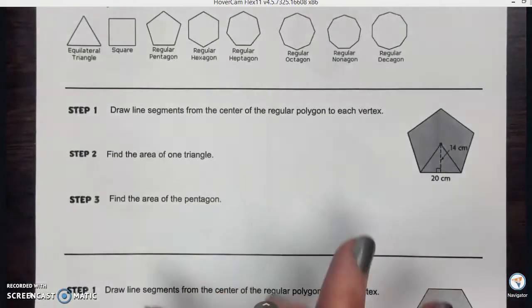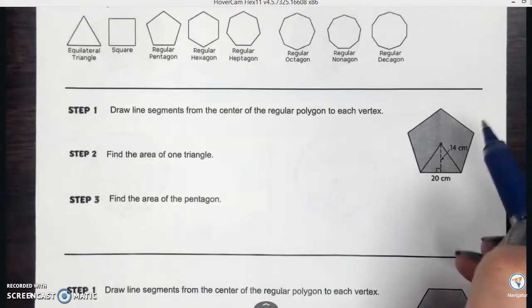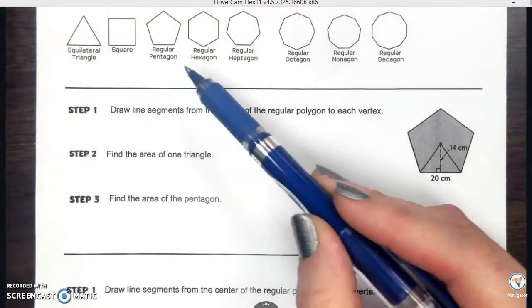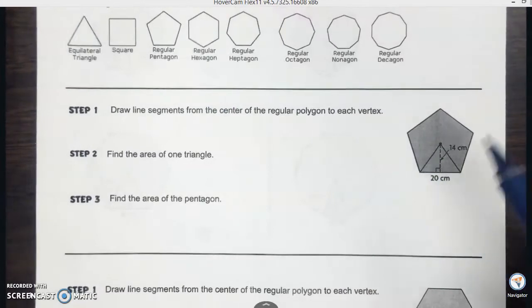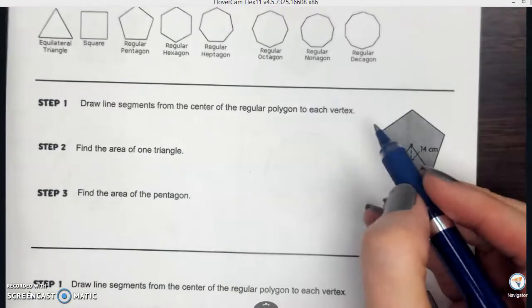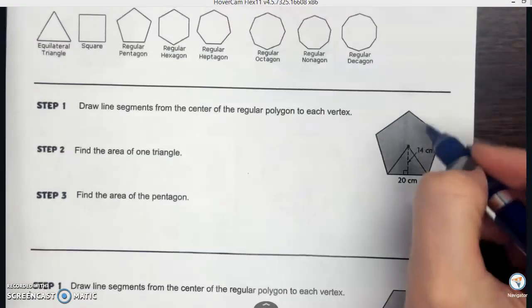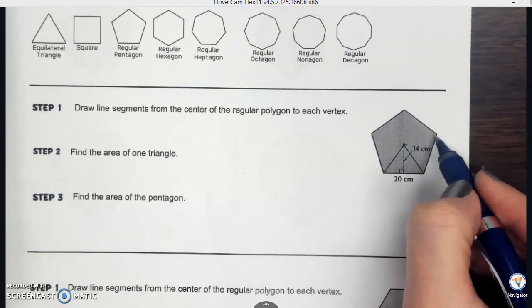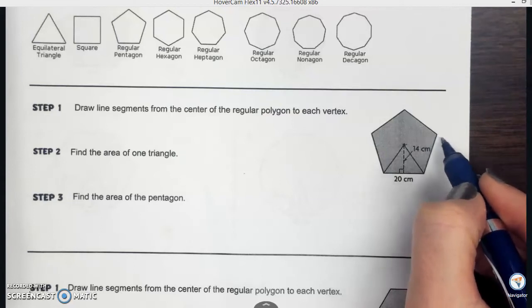The way that we're going to go about finding the area of this regular pentagon is we're going to draw line segments from the center to each vertex. The vertex is right here where these two lines meet.